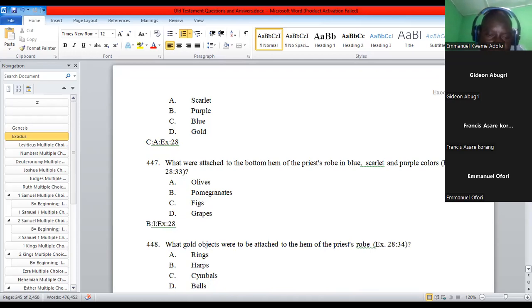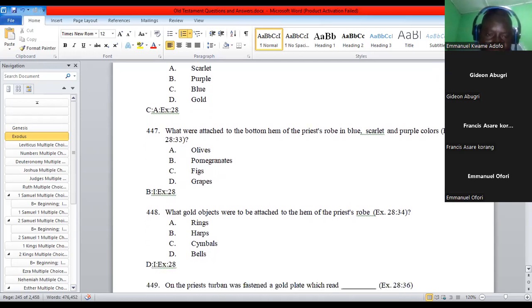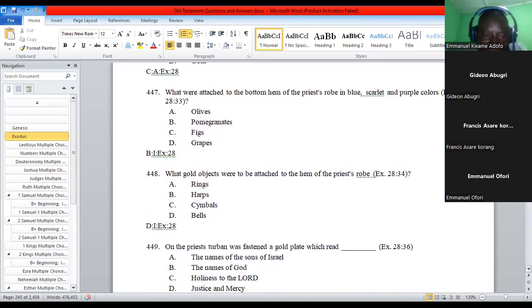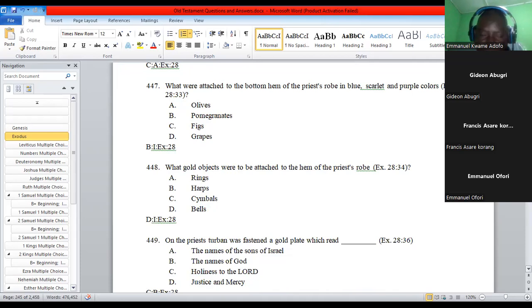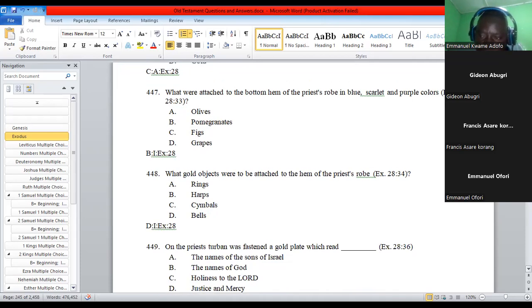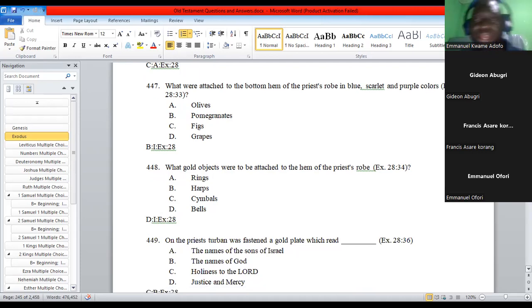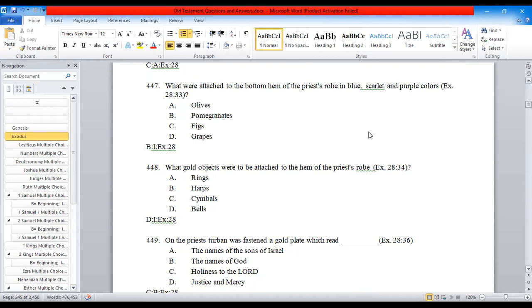Bells. Why do you think bells were attached to it? Why bells? So that in case he goes to the most holy place and does not come out over a period, they will know that he's gone.